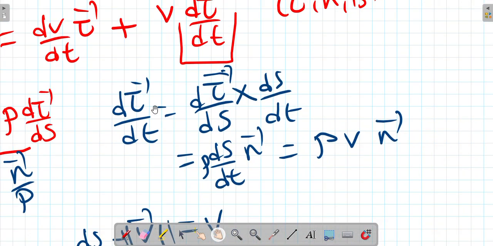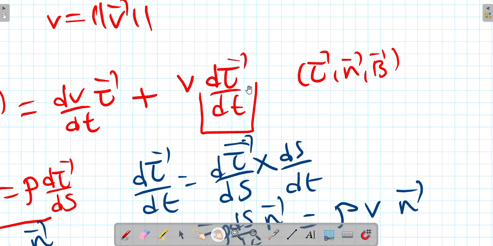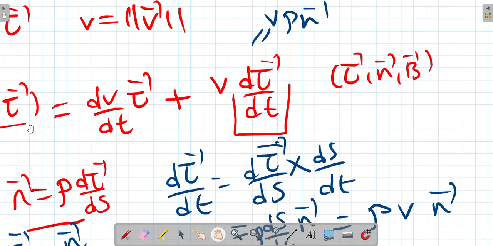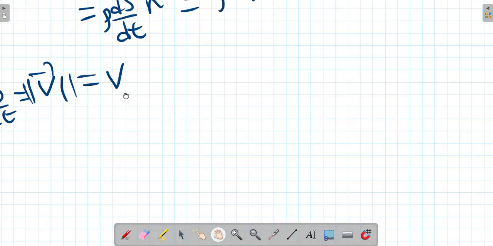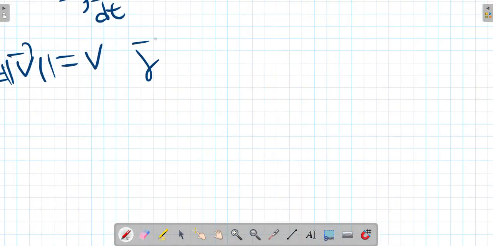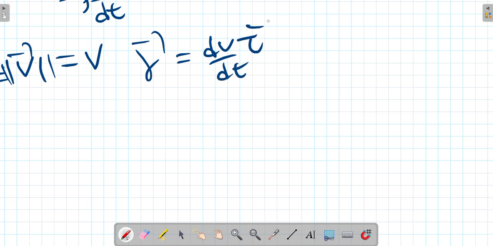This part of the expression was just this part, so you replace it by v over rho n. So the complete acceleration vector will be dv over dt tau plus, if I multiply those terms, v squared over rho, the normal vector.